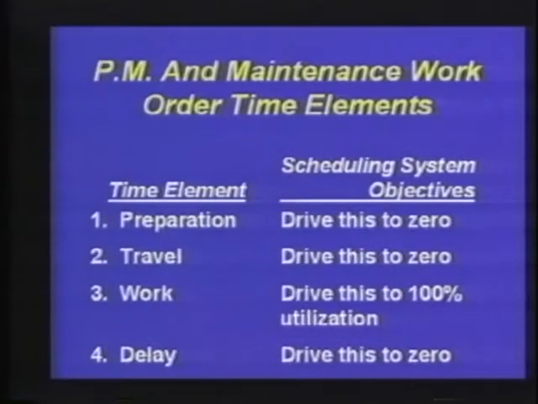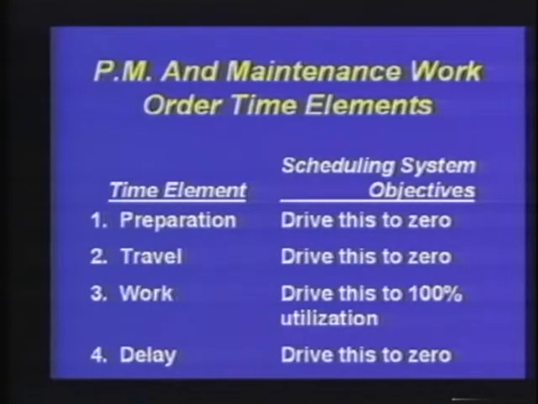So the way this is accomplished for these time elements is as follows. Number 1, the preparation time should be done relative to releasing any order from scheduling to craft personnel.